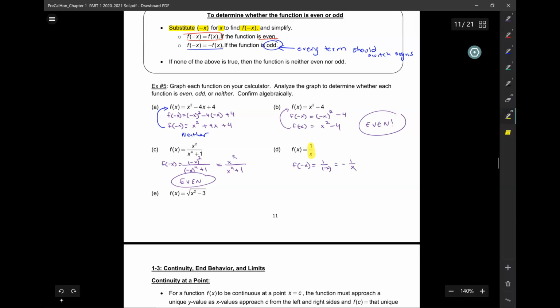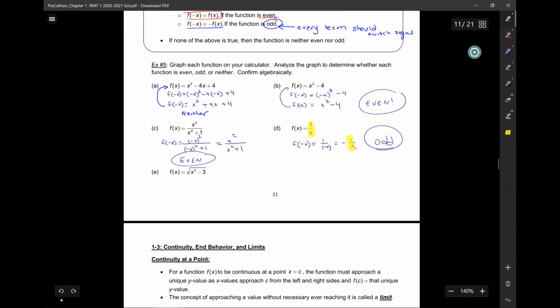So take a look. This term changed signs. Everything changed signs. So this is odd. Not odd in a bad way, just odd versus even. Okay, here, f of negative x is negative x squared minus 3. X squared minus 3, same as before, even.